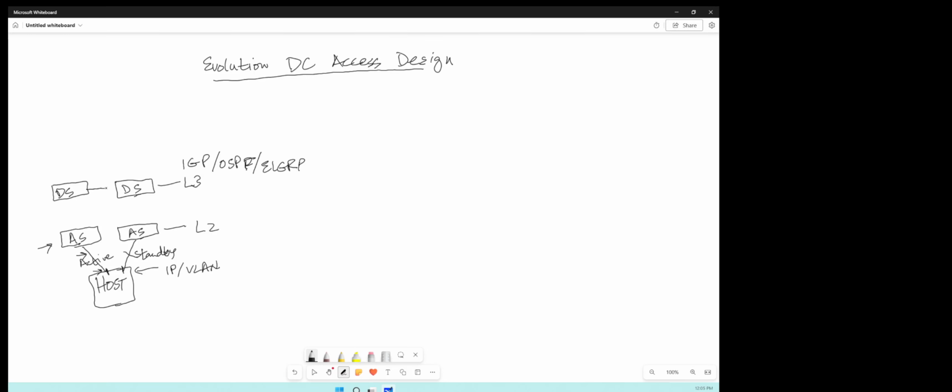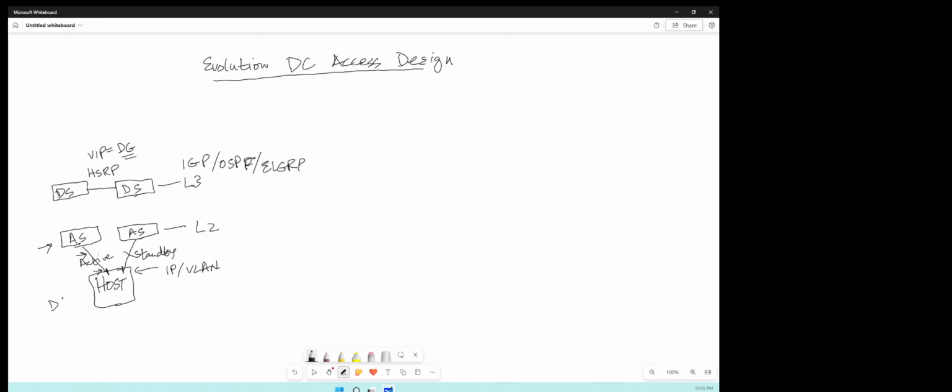And this is where your HSRP is running, hot standby router protocol, which is basically doing a virtual IP for the default gateway. The default gateway sits here.